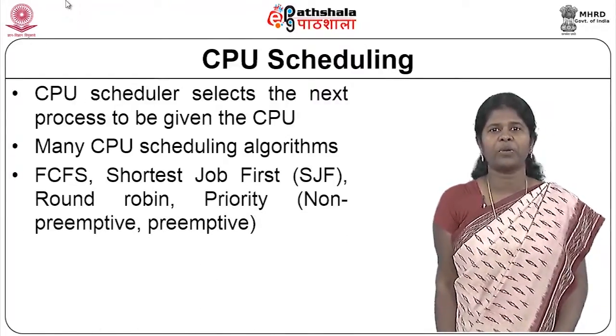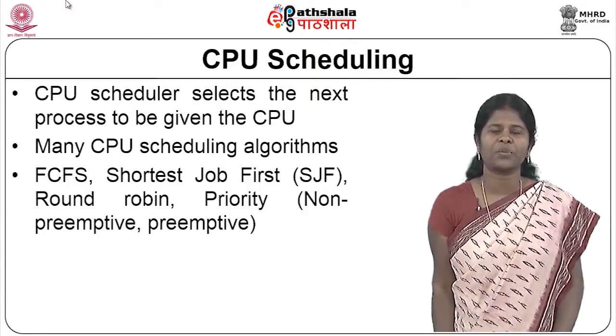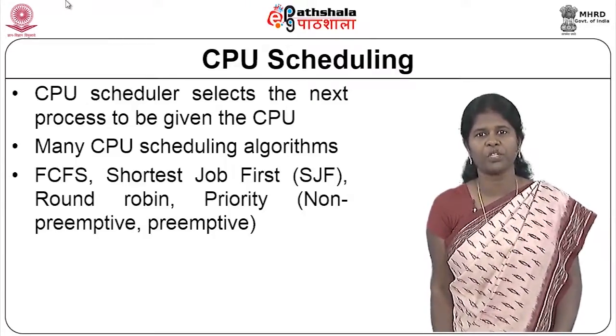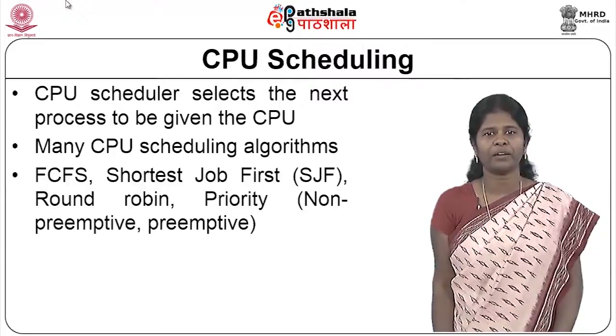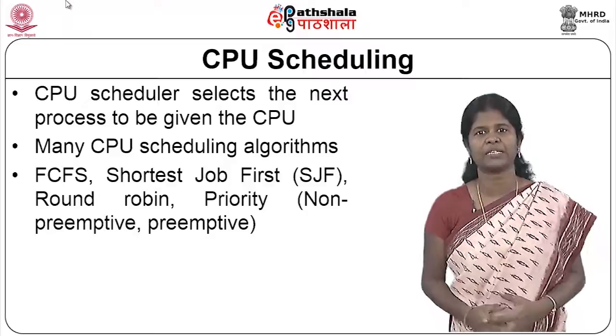We have been learning about the first come first served scheduling algorithm, where the first process which arrives is given the CPU first, and then we learnt about the shortest job first algorithm, where the process which has the shortest CPU burst time is assigned the CPU.